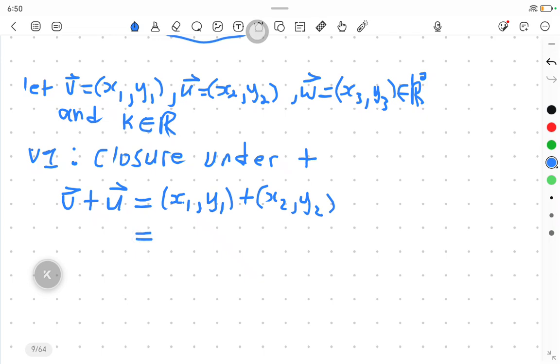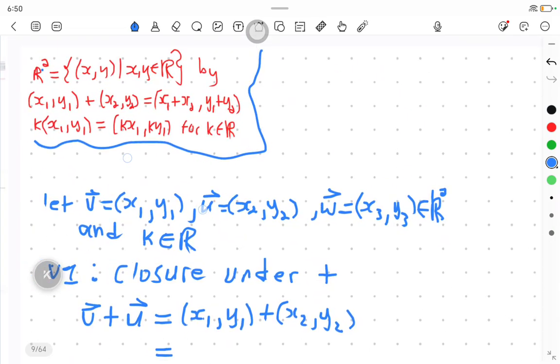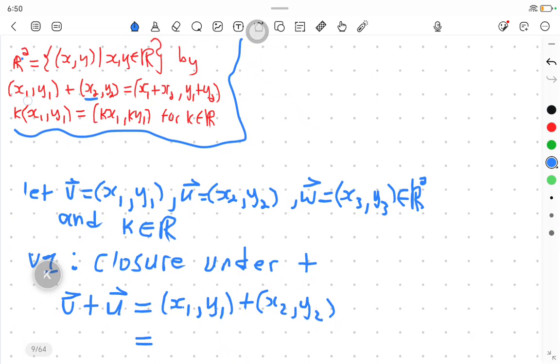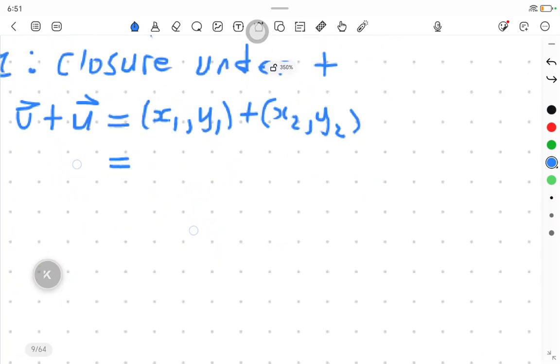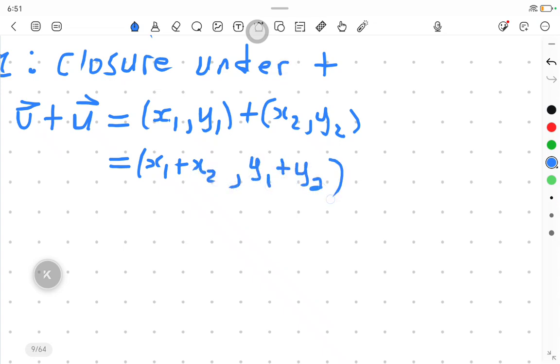And this, according to the definition, says that I'm going to add the first two, then I put a comma, add the second two. So we should always look at the format, right? So this is just going to be (x1 plus x2, y1 plus y2). And if we check, these are ordered pairs, right?